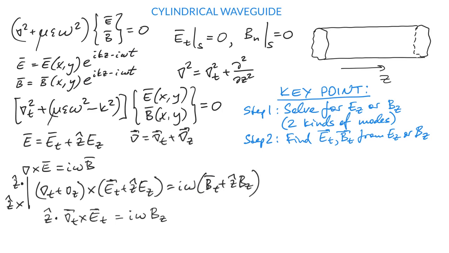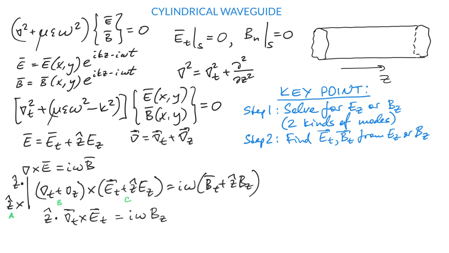Now let's look at the other one, where we cross this expression with z. So on the left-hand side, we have a double cross product. So we can call this A, the del operator as B, and the field as C, and we apply the BAC-CAB rule.